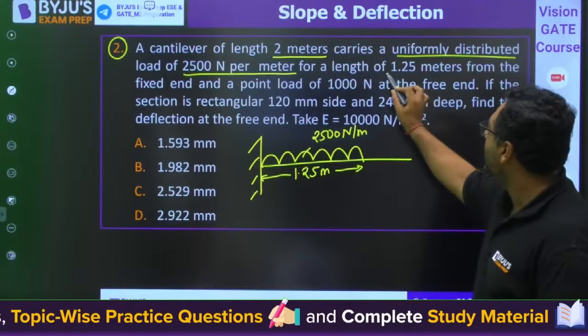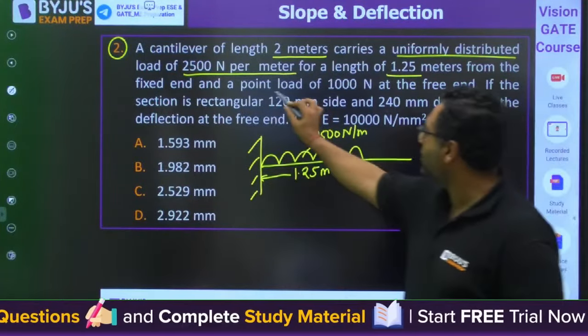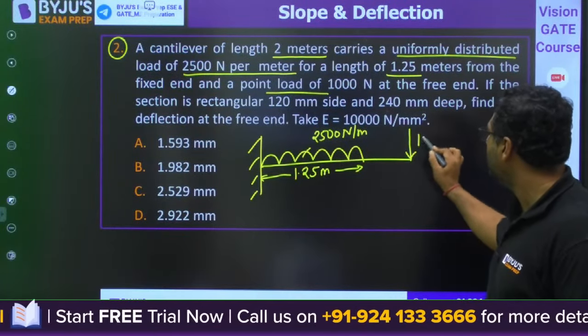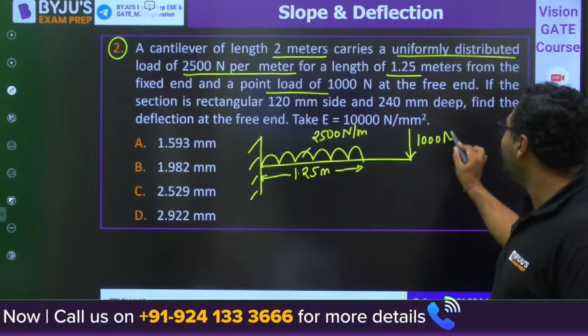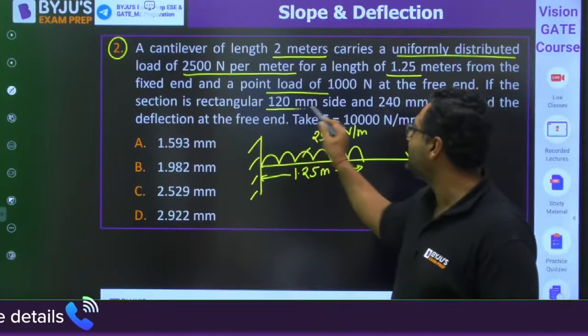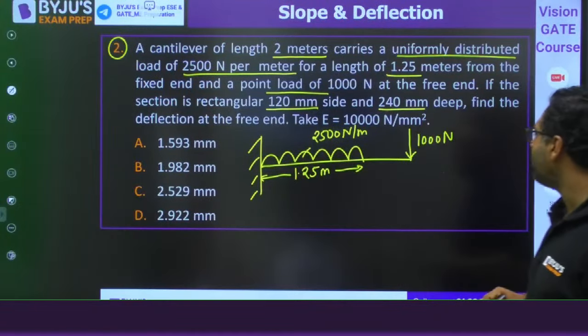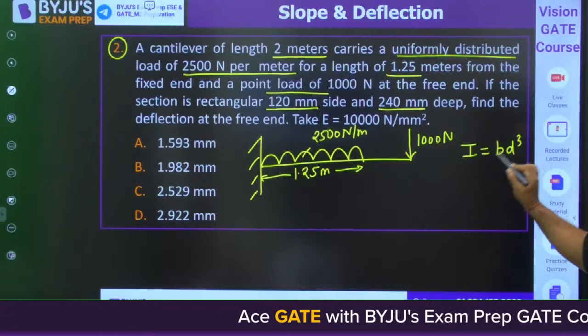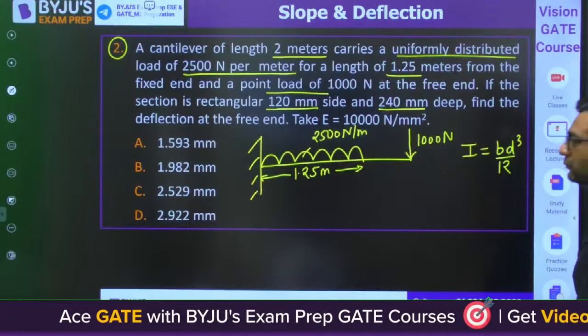Then from the fixed end a point load of 1000 Newton at the free end. If the section is rectangular, this is width, this is depth. So I will be BD cube by 12. You can find out I.